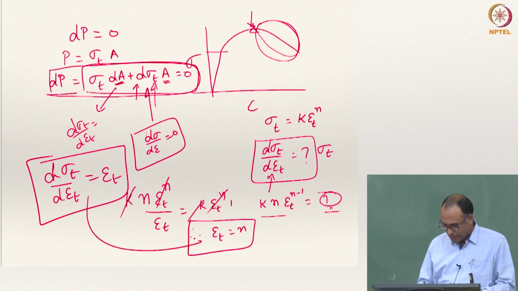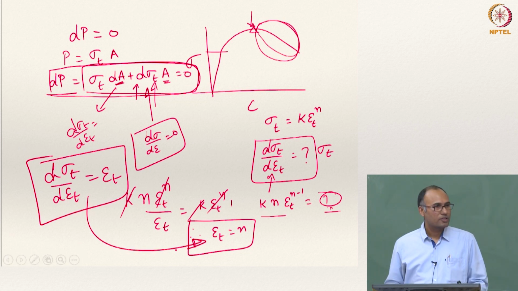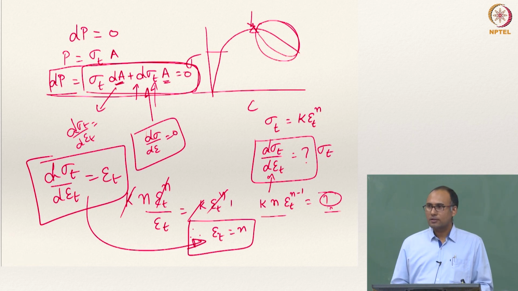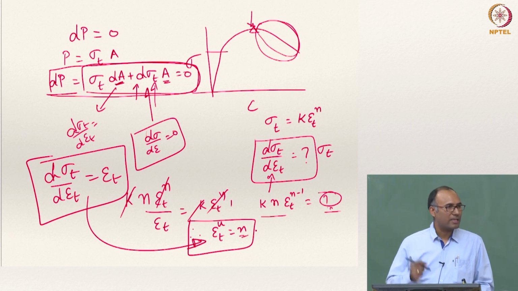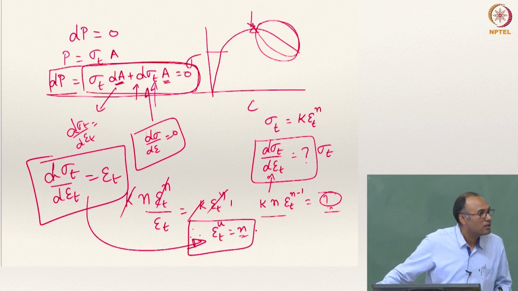That is nothing but this. When your true strain, epsilon T u at the onset of necking, where u I have written because it is the ultimate point, must be equal to n. That is when necking begins. Right?